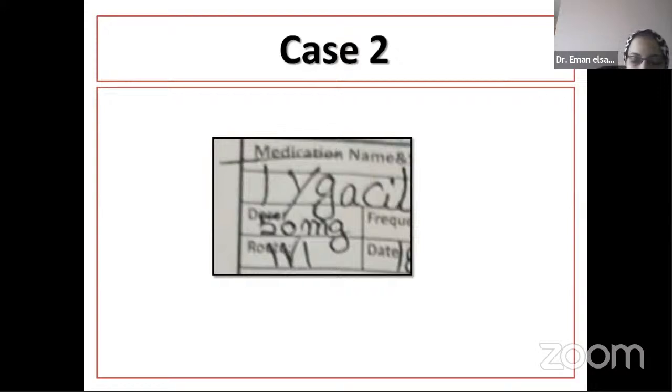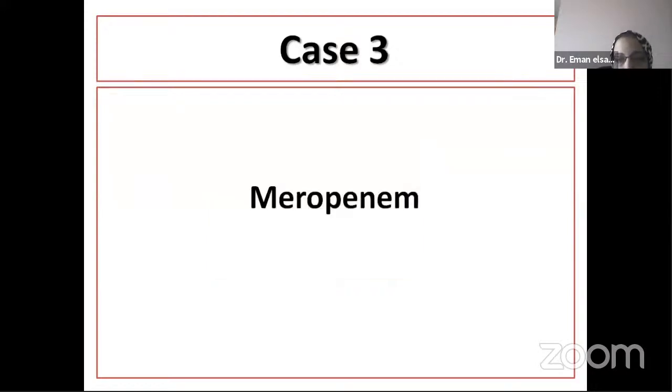Okay. Another example, which is a commonly used antibiotic, meropenem. Meropenem has many dosing regimens. We will confirm that it's the right medication. There is indication. It's a carbapenem.